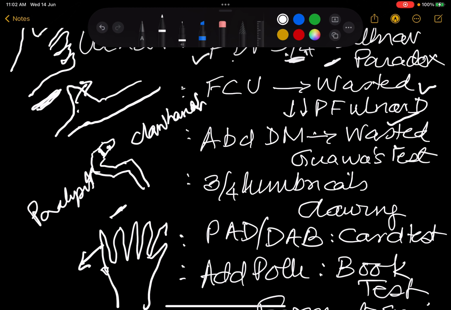This is called as the guava test. Then the 3rd, 4th lumbricals are paralyzed. This leads to clawing because lumbricals would flex the MP joint and extend the PIP and DIP joint. The opposite of this is hyperextension of the MP joint and flexion of the PIP and DIP joint. So extended MP, flexed PIP, DIP is clawing.